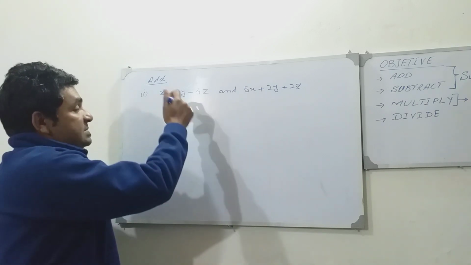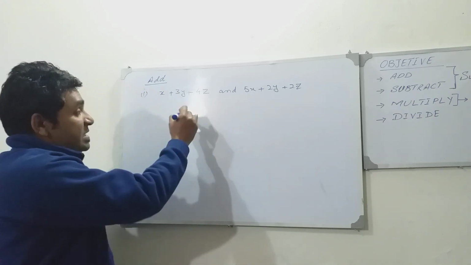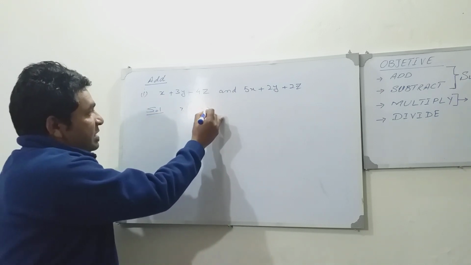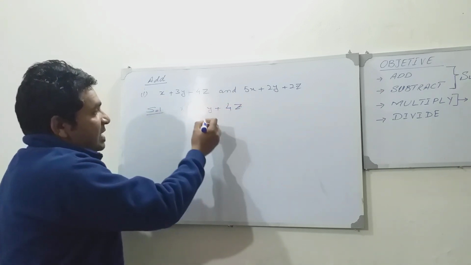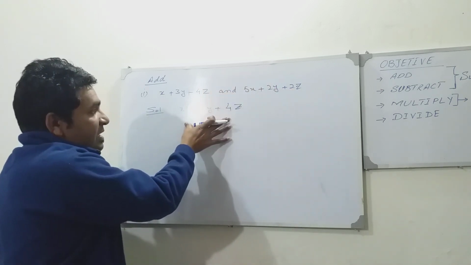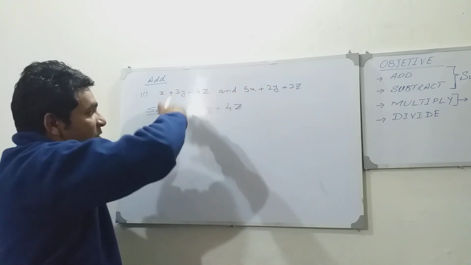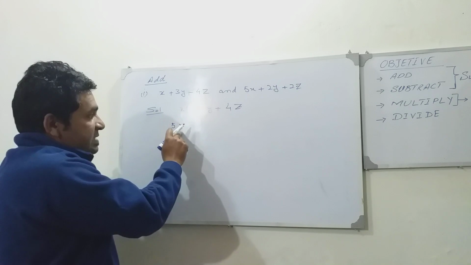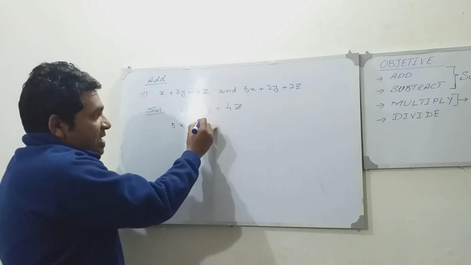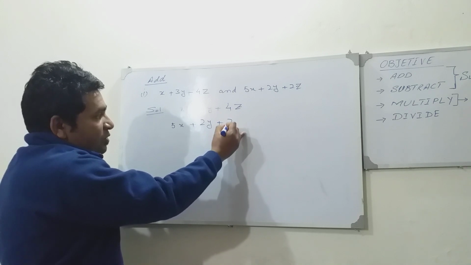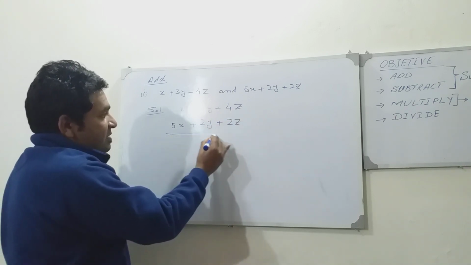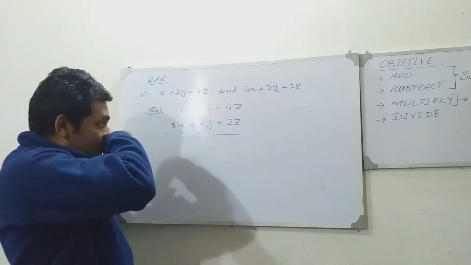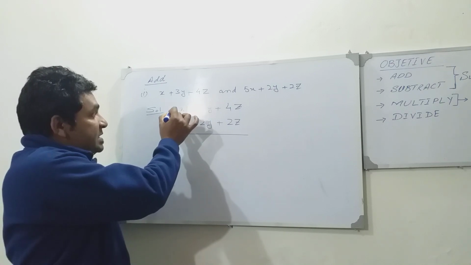You can write them in vertical form: x plus 3y plus 4z, and we write the other expression under it, with like terms written below like terms. So we write 5x under x, plus 2y under y, plus 2z, like we do a simple addition in arithmetic.